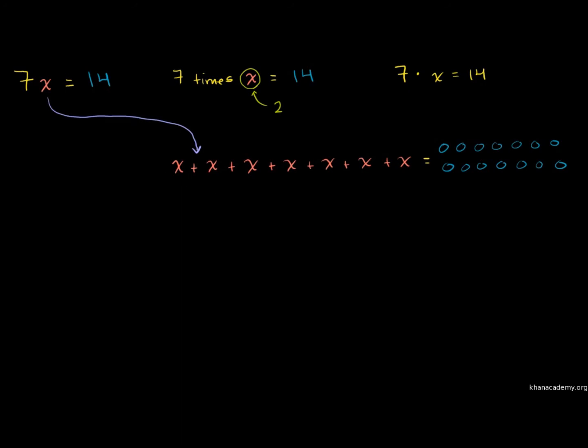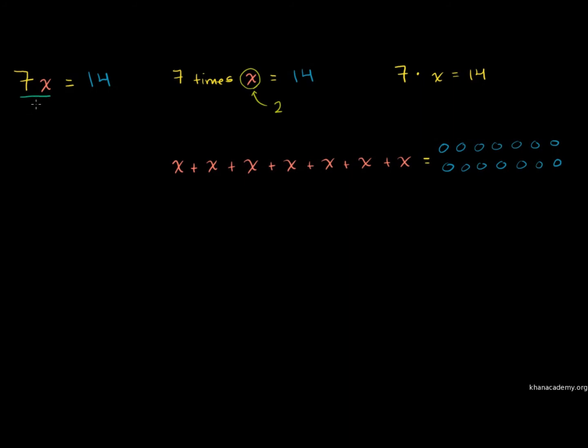So let me erase this right here. So the standard step whenever, oh, I didn't want to do that. Let me do this, and let me draw that last circle. So in general, whenever you simplify an equation down to a coefficient, which is just the number multiplying the variable, so a coefficient times a variable equal to something else, what you want to do is just divide both sides by 7 in this case, or divide both sides by the coefficient.